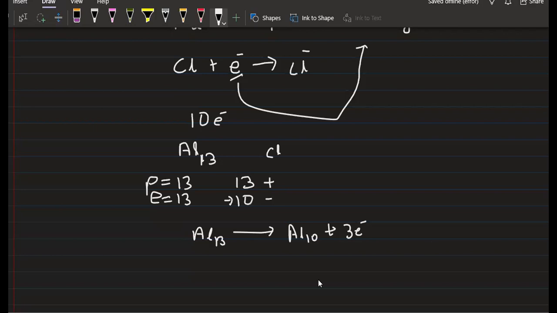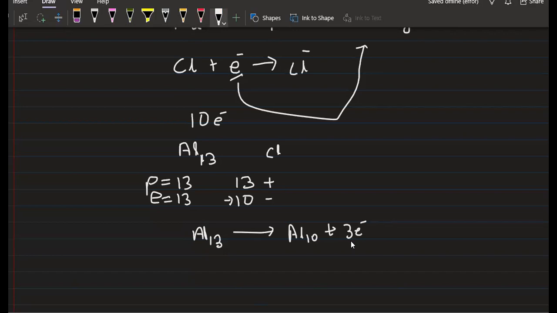Yes, I'm repeating, Daksh. Aluminium actually had 13 electrons. It donated 3 electrons. Why? Because it needs only 10 electrons to be stable, to form compounds, to make friends.